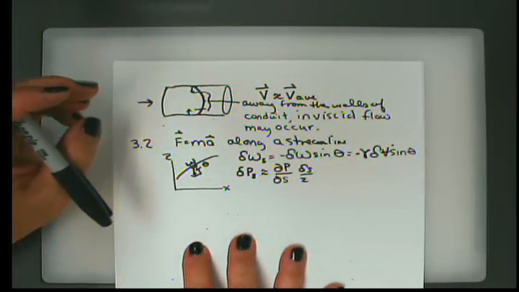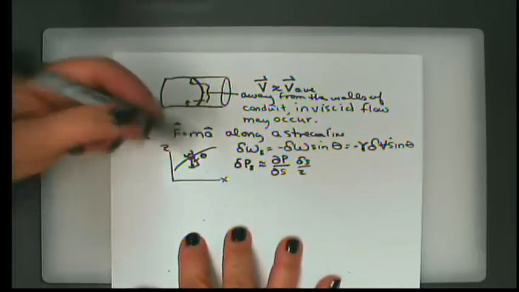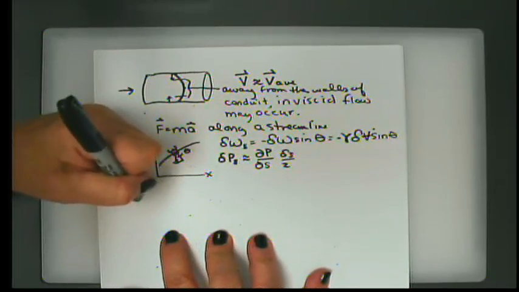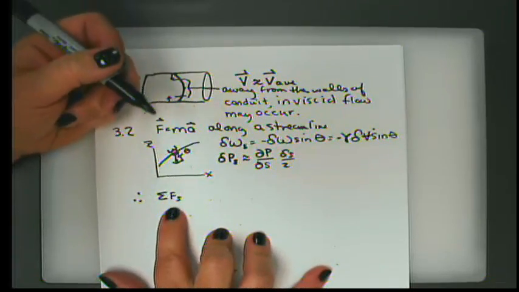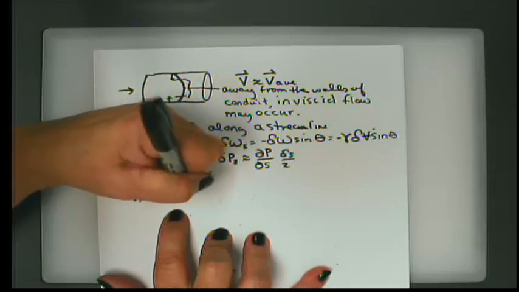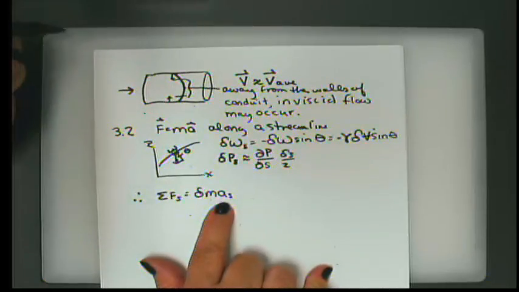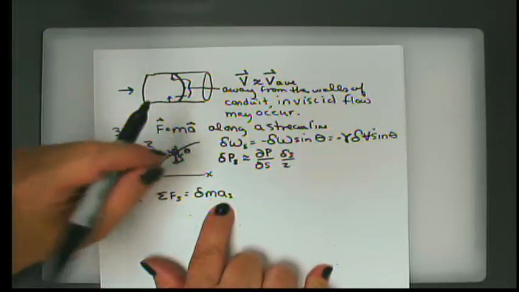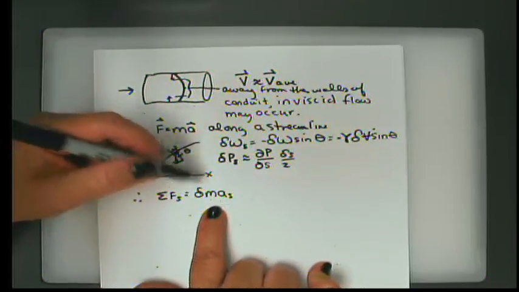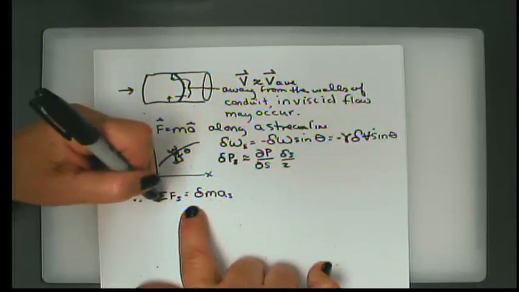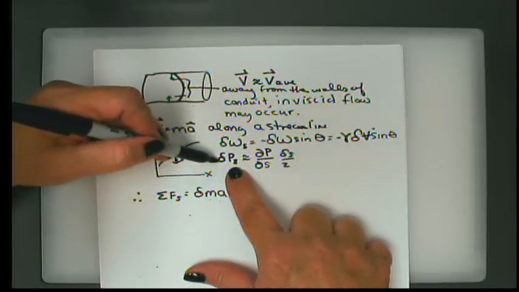All right, so if we continue thinking about that, we can say that the sum of the forces along the streamline, defining our vector direction, is going to equal the differential mass times the acceleration along the streamline. And we can plug in those terms and work with it a little bit, but basically we know that this is going to be the weight and the pressure terms from up here.